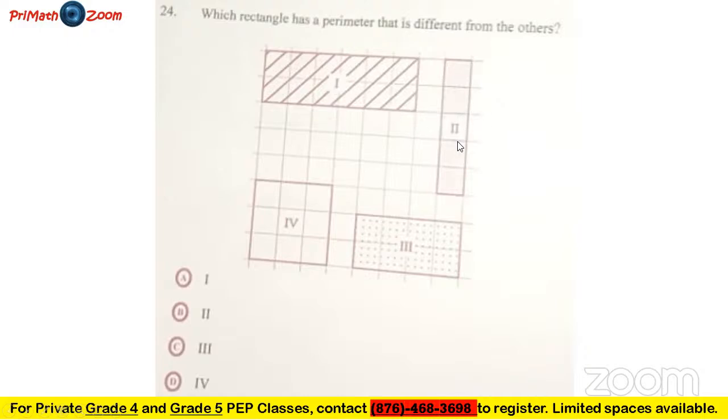So 16, 12. Let's look at 3. Counting around, 3 is also 12. Let's look at 4. 3 times 4, 12. And so the correct answer for this is 1, because it has a different perimeter from the others. So the correct answer is A.